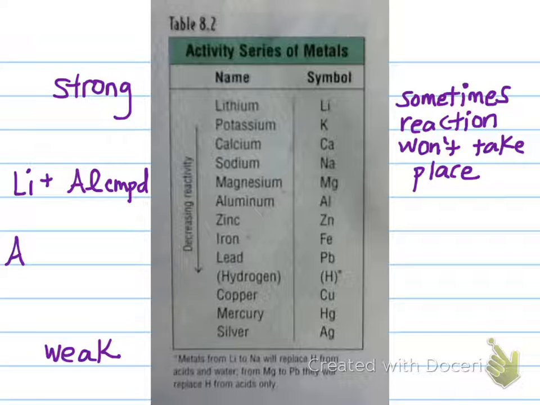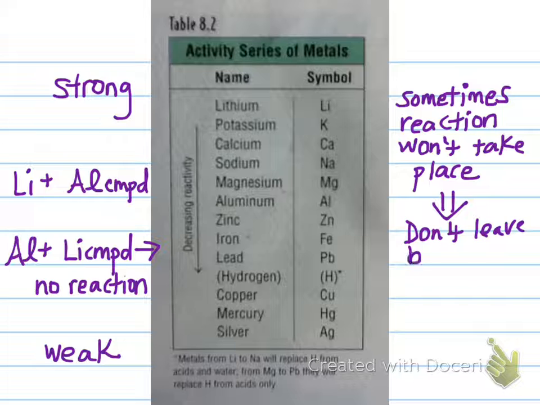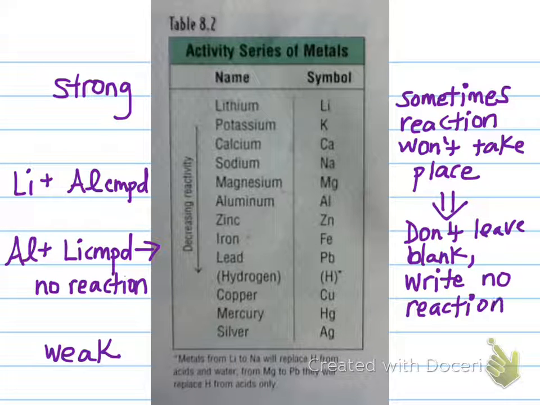If it was the other way around and aluminum is reacting with lithium in some sort of compound, I would write no reaction as my products for this one because aluminum cannot replace lithium from a compound. So if the reaction won't take place, don't leave it blank. Okay, write no reaction for the products.